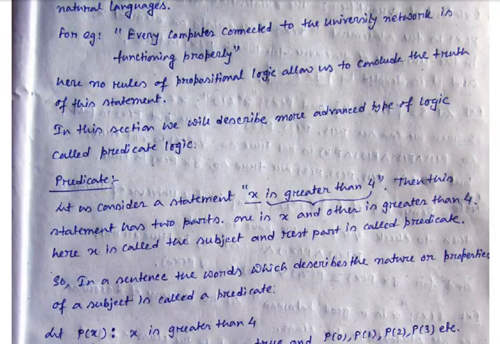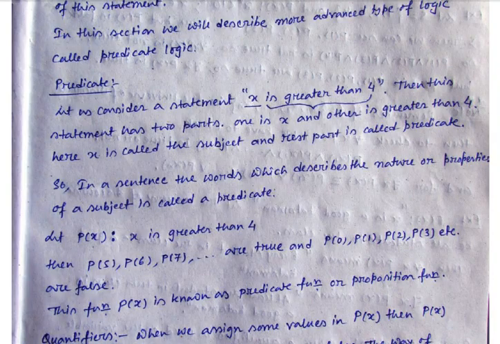Now, first thing, what is a predicate? To understand what a predicate is, let us consider an example. Say, let us consider the statement that x is greater than 4. Here we can see that this statement can be decomposed into two parts. One is the x and the other is "is greater than 4".